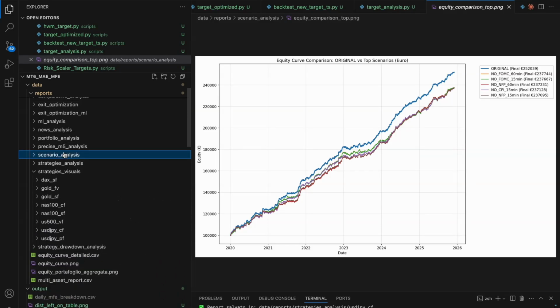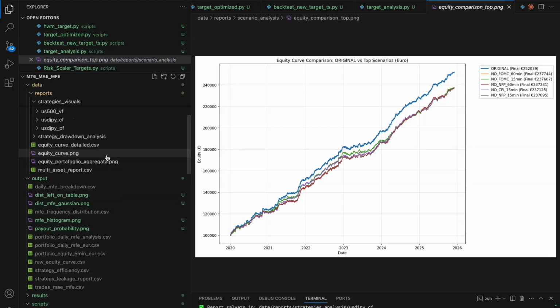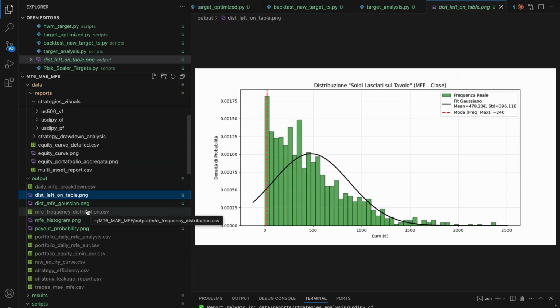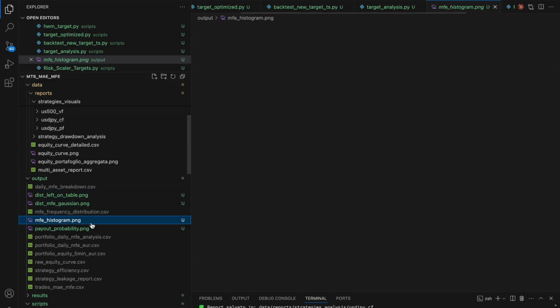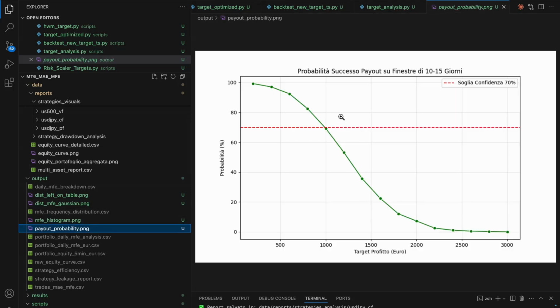Then we have another super useful thing, and that's the MFE and MAE analysis. In this case, just maximum favorable excursion, because I was analyzing my payout frequency. So that's another super important thing.